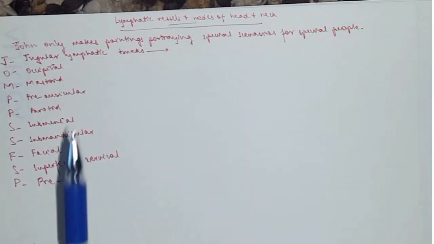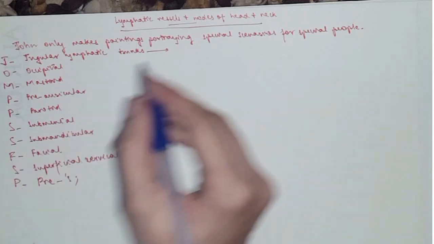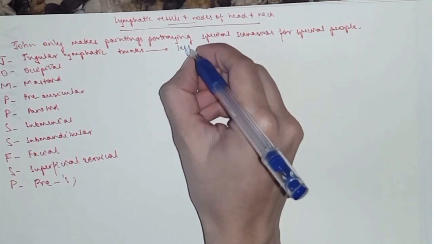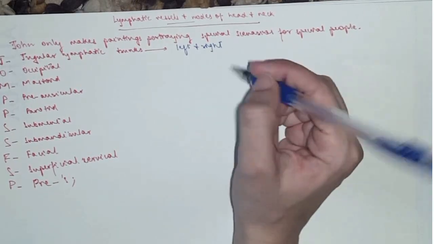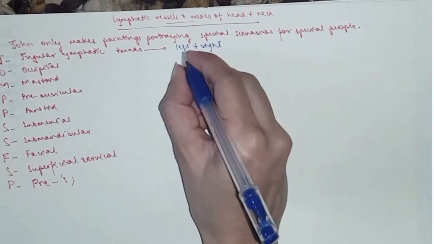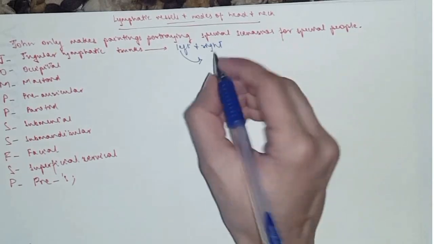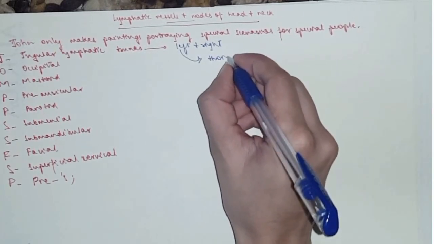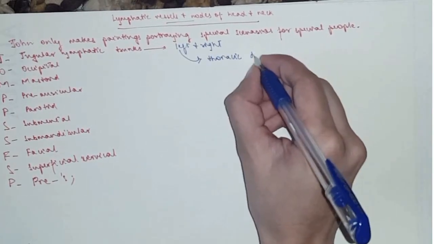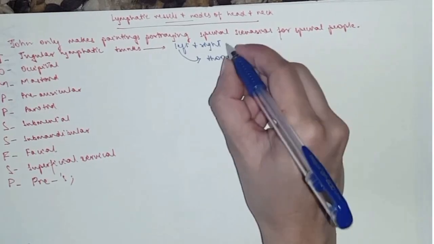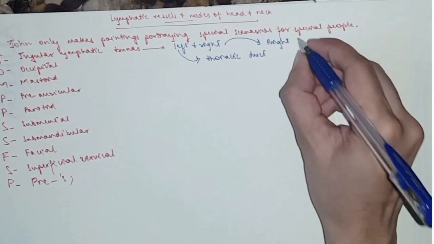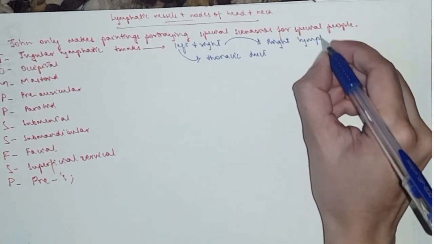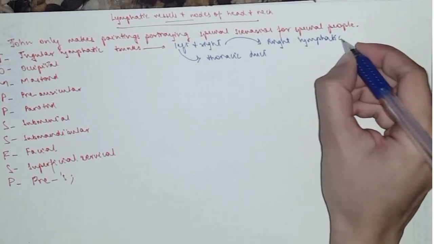The deep ones converge from the left and the right jugular lymphatic trunks. The left one joins the thoracic duct at the root of the neck, and the right one joins the right lymphatic duct at the root of the neck.